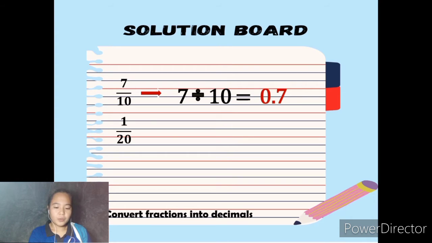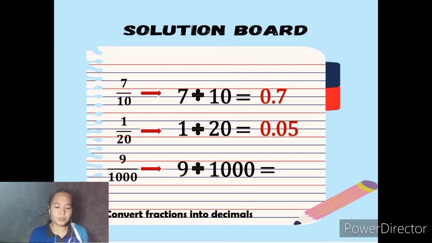Magiging 1 divided by 20. So, ang sagot is 0.05. So, ang susunod is yung 9 over 1,000 magiging 9 divided by 1,000. So, yung sagot is 0.009.